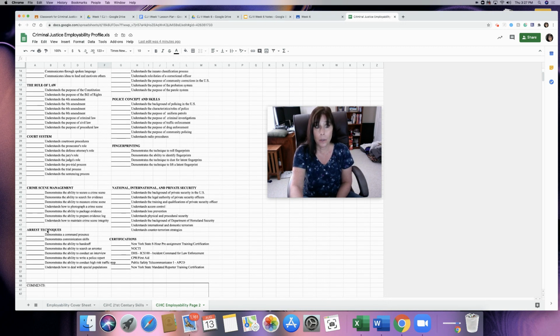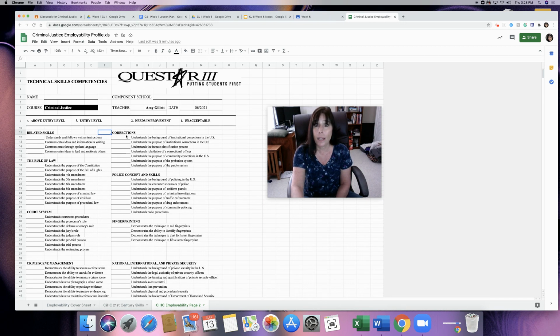Our next category is arrest techniques. And again, just because you guys have been reviewing and practicing, I'm betting you're all going to feel pretty strongly about this category. So can you demonstrate a command presence, communication skills, ability to handcuff, ability to search an arrestee, ability to conduct an interview, ability to write a police report, ability to conduct a high-risk traffic stop, and understands how to deal with special populations.